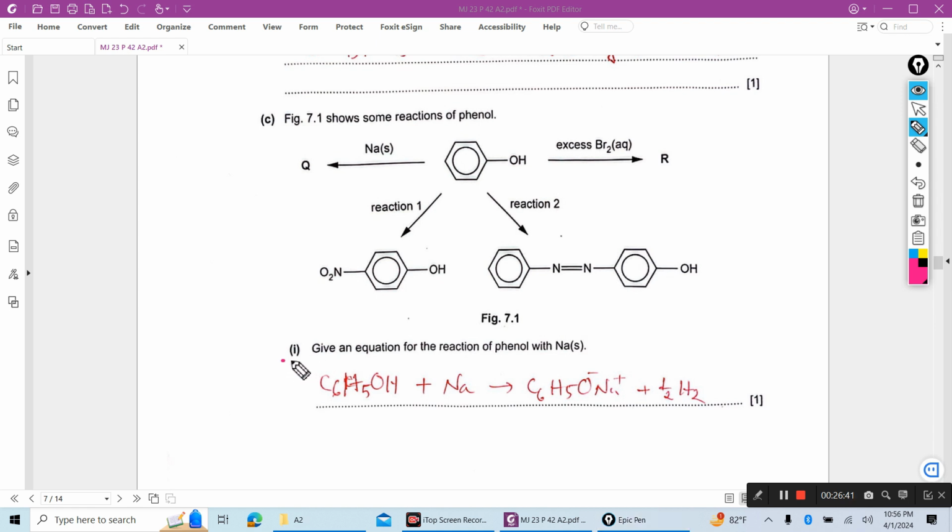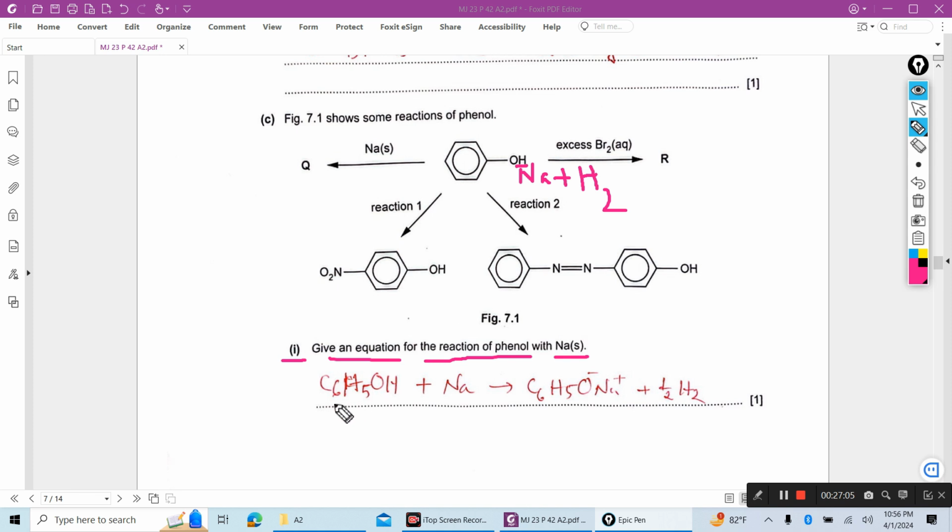Question a asks for an equation for the reaction of phenol with sodium. When phenol reacts with sodium, the hydrogen is replaced by sodium. Sodium phenoxide plus hydrogen will be produced.